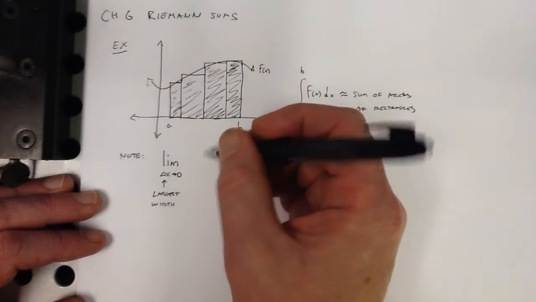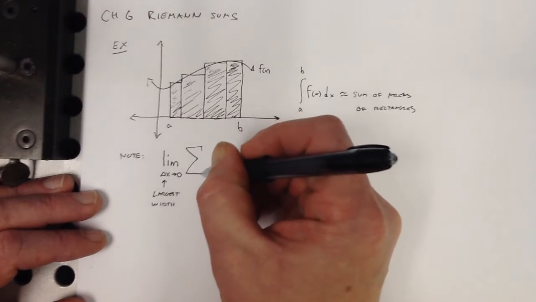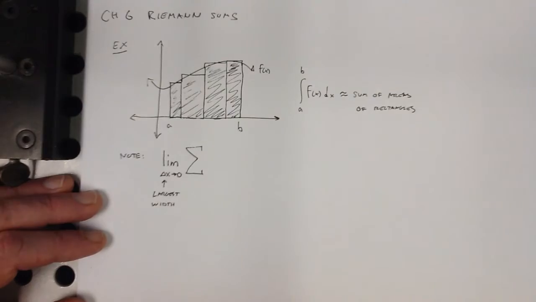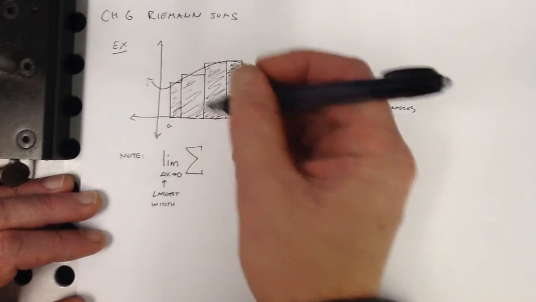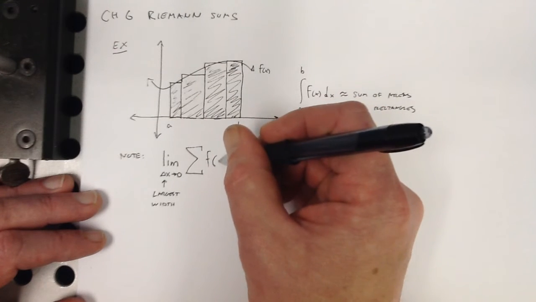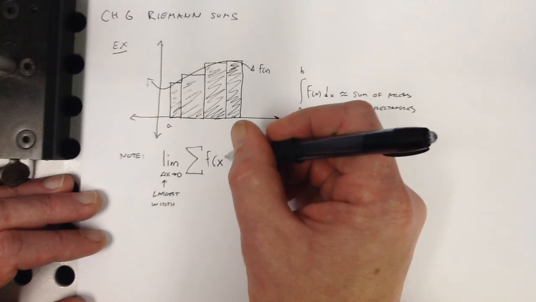So the limit of the sum of all the rectangles' areas. Now, how could we represent those areas? Well, each one of these areas is the value of the function at some special x value.